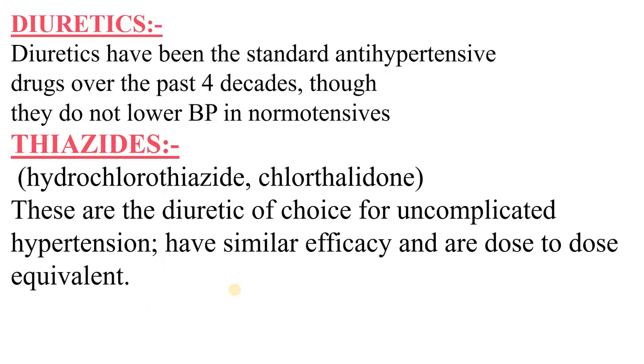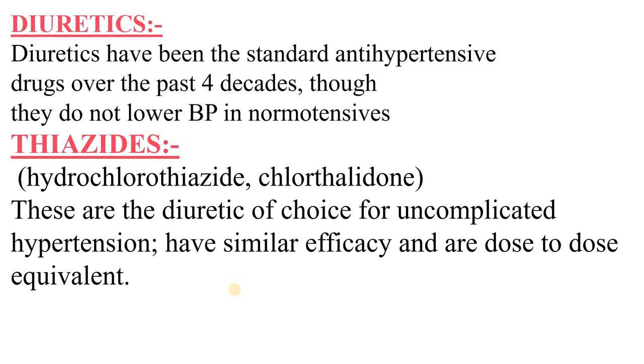Okay, next one is diuretics. Diuretics have been the standard antihypertensive drugs over the past 4 decades, and they do not lower BP in normotensive people. Okay, understood? Next is thiazide: hydrochlorothiazide and chlorthalidone.